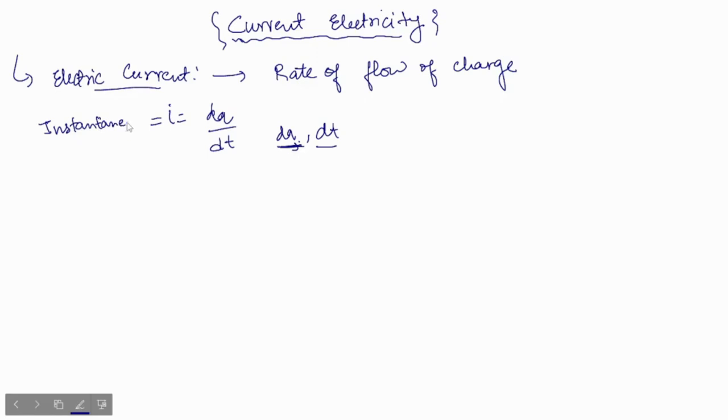And electric current is also this: the rate of flow of charge, or you can say the ratio of charge to time, I is equal to delta q upon delta t. This is defined as average current.